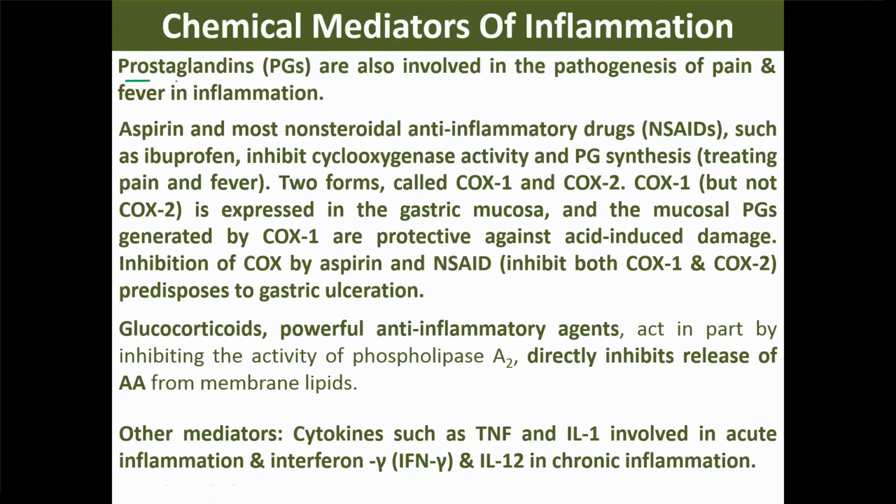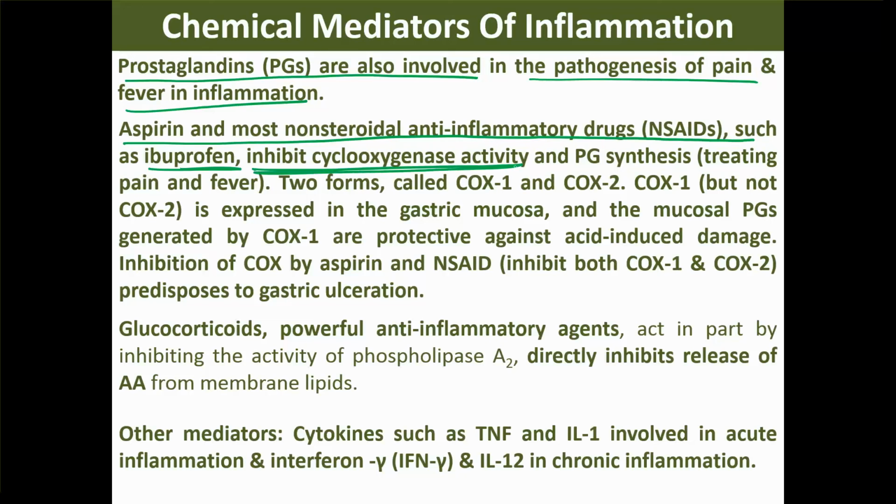Okay, so prostaglandin is involved in the pathogenesis of pain and fever in inflammation. Aspirin and non-steroidal anti-inflammatory drugs such as ibuprofen inhibit cyclooxygenase activity, and prostaglandin (PG) synthesis is inhibited, so the pain and fever are reduced.